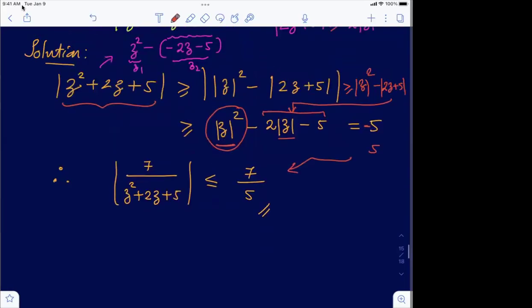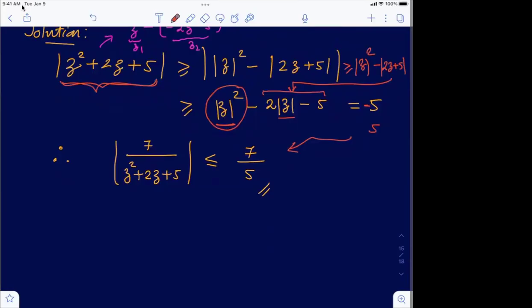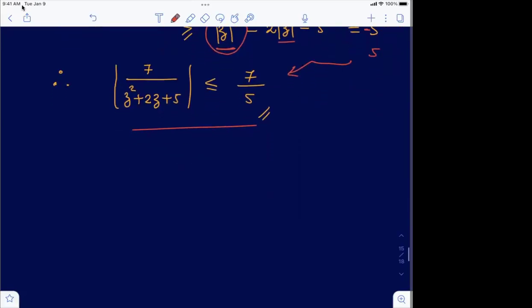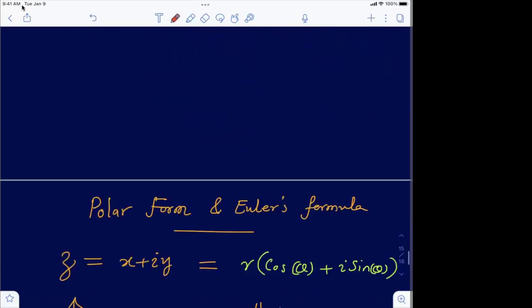So once we have this term controlled, then you try to put that term in the denominator and work with it. And in that way, you will get exactly the required inequality, or the estimate, for the given quantity.